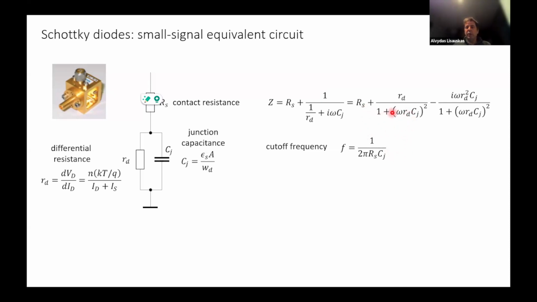The cutoff frequency is set where we actually start losing power on the series resistance. But the roll-off of impedance starts already where tau set by RD CJ becomes equal to 1 over omega.